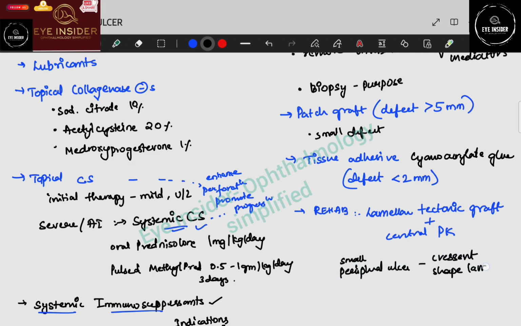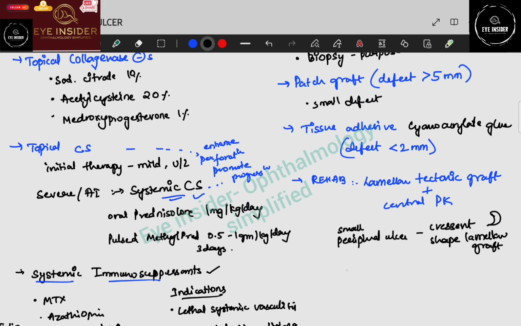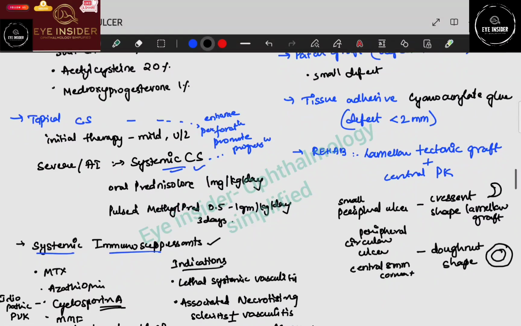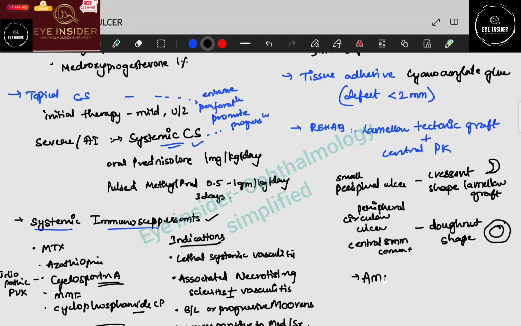Or in case of circular concentric ulcer, which is not involving the central 8 mm of the cornea, we can perform a donut-shaped lamellar graft. So grafting with amniotic membrane is also done.